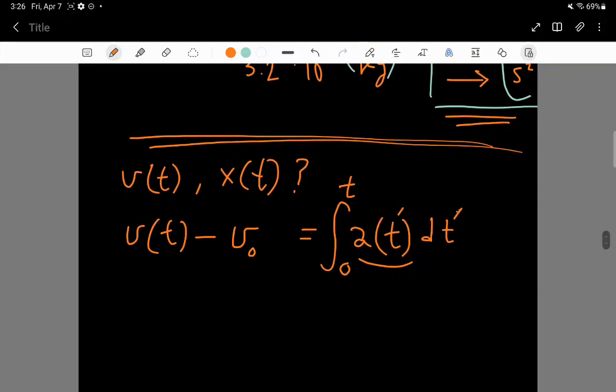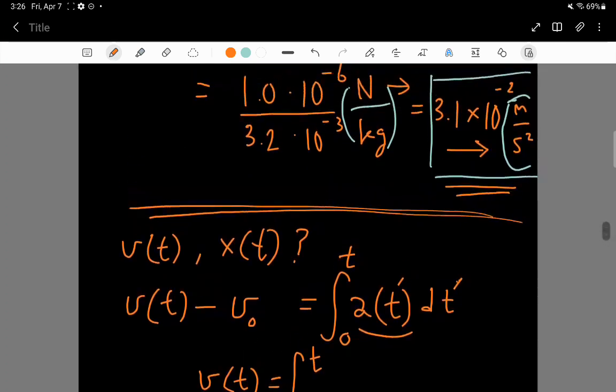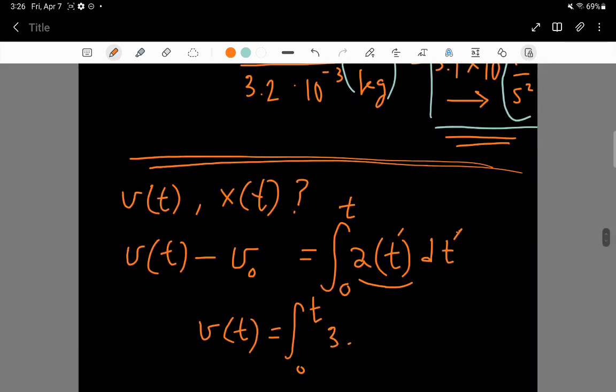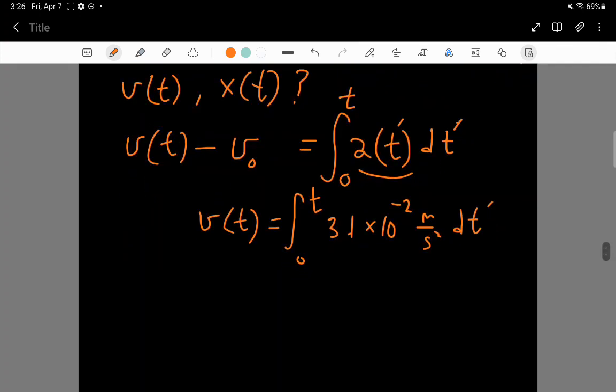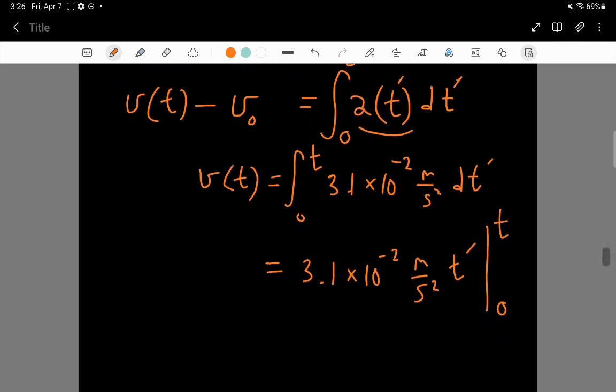And so v of t is the integral from 0 to t of a, which is 3.1 times 10 to the minus 2 meters per second squared dt prime. And when you do this integral, you just get 3.1 times 10 to the minus 2 meters per second squared, and then t prime, which you have to evaluate from 0 up to t.